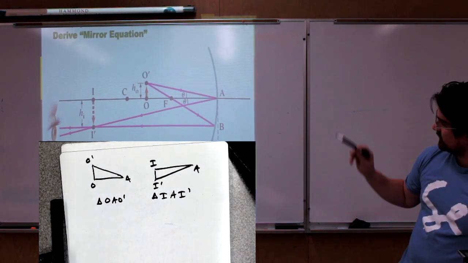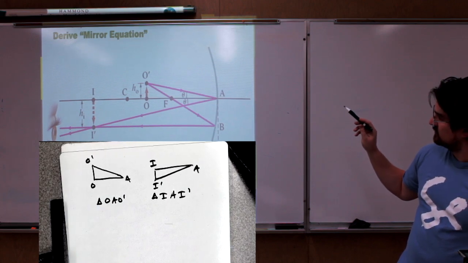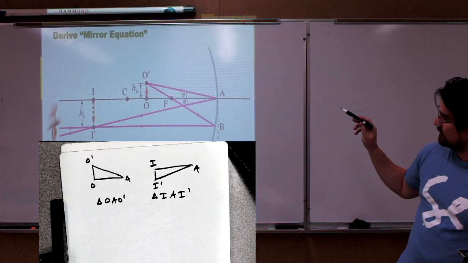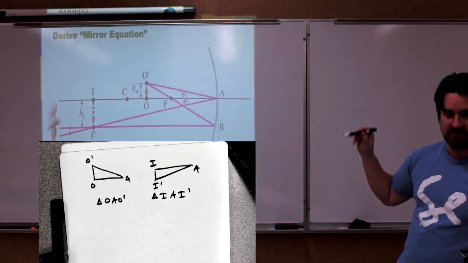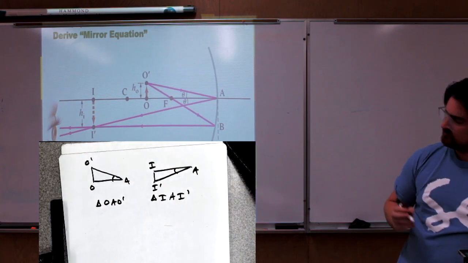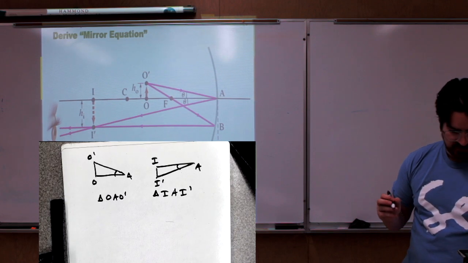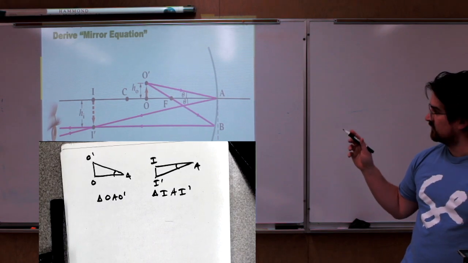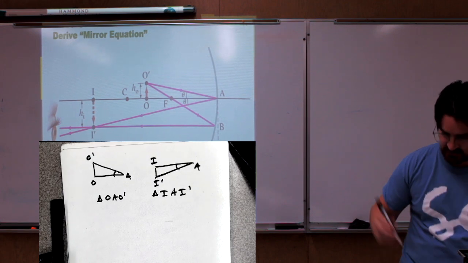If we look at those in the diagram, they're actually similar triangles. They're both right triangles and they share an angle. So these two angles are actually the same. And what that means is that we can write ratios to relate the different sides.